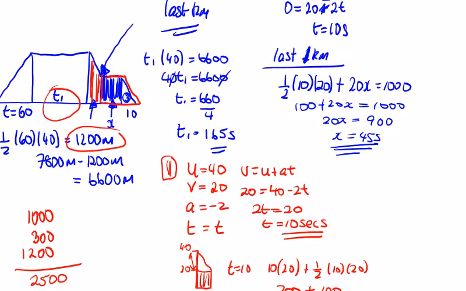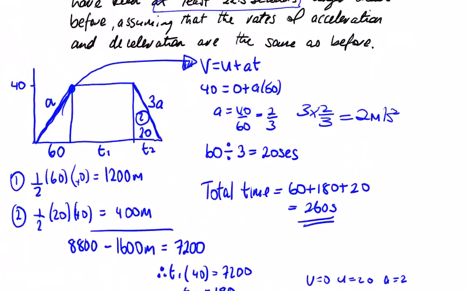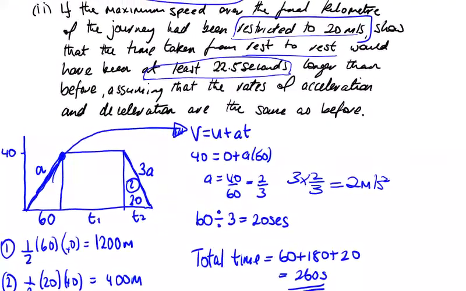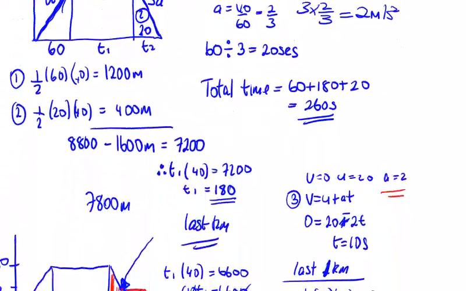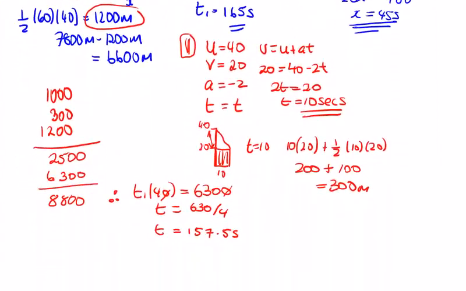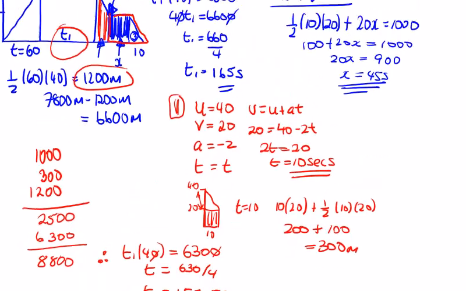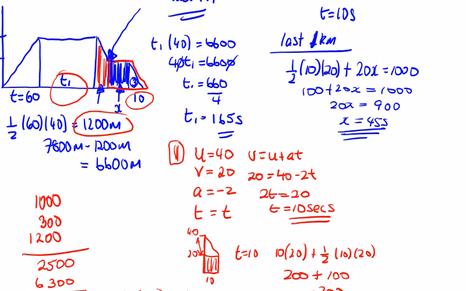So the total time I think we've been asked for here is at least 22.5 seconds longer. Okay, let's look at the total time. So I have my first minute in the first sector. Then I had the 157.5. Then I had, what did I have? I had a 10, and x worked out to be 45, and my next time worked out to be 10 as well.